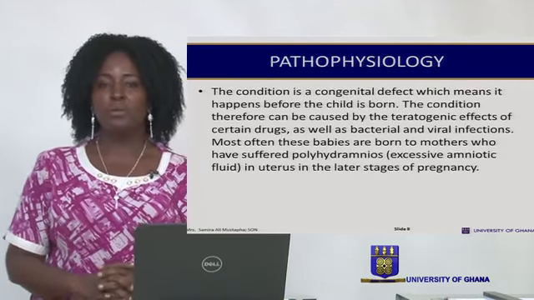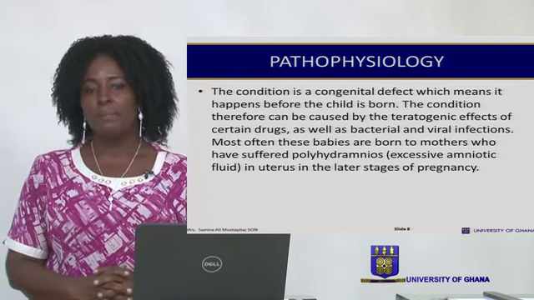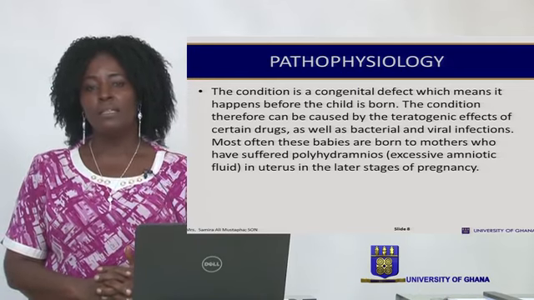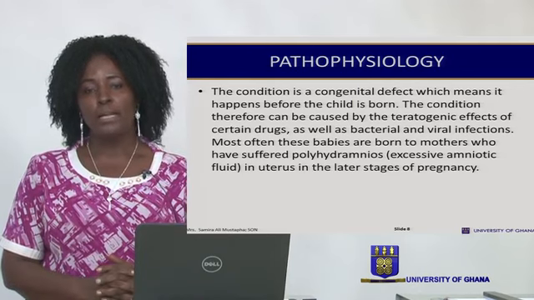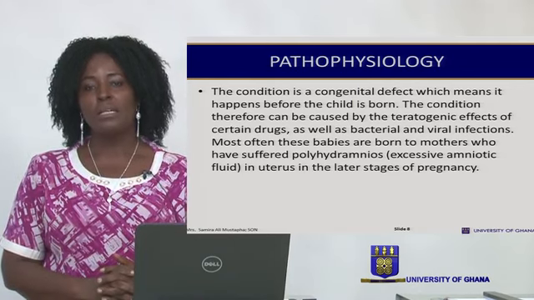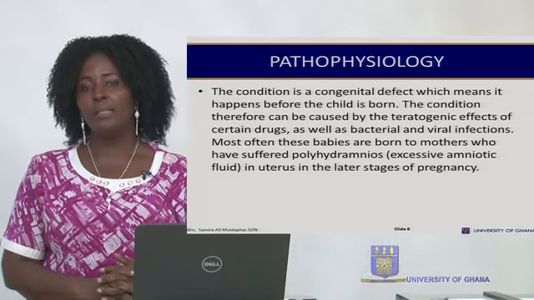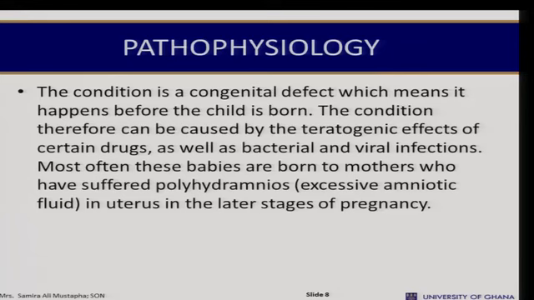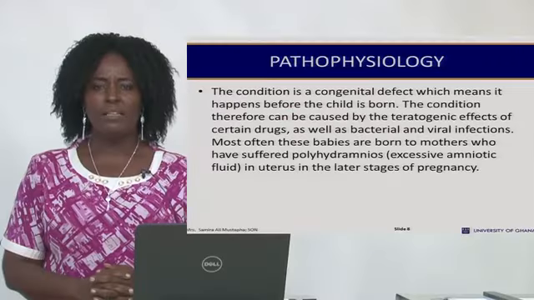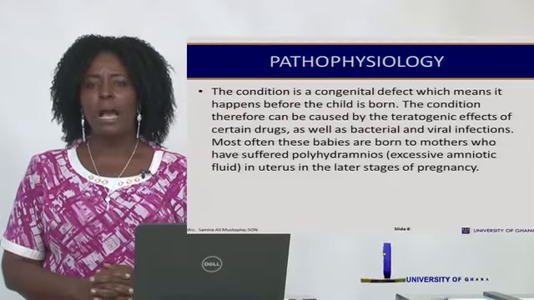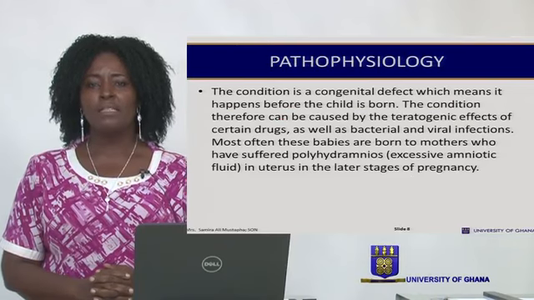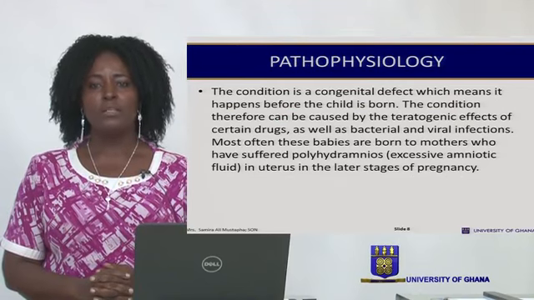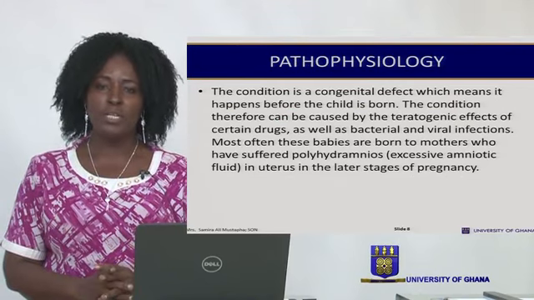And for our pathophysiology, when this happens, the failure of the tube to unite as a continuous passage happens before the child is born, and therefore is considered to be caused by teratogenic effects such as drugs or rubella infection or any other viral infections. And most of these babies are born to mothers who have suffered excessive amniotic fluid, which we call polyhydramnios, and so it is also highly associated with that.